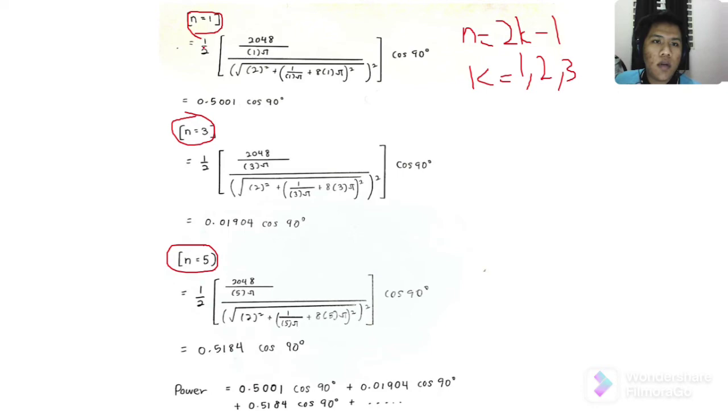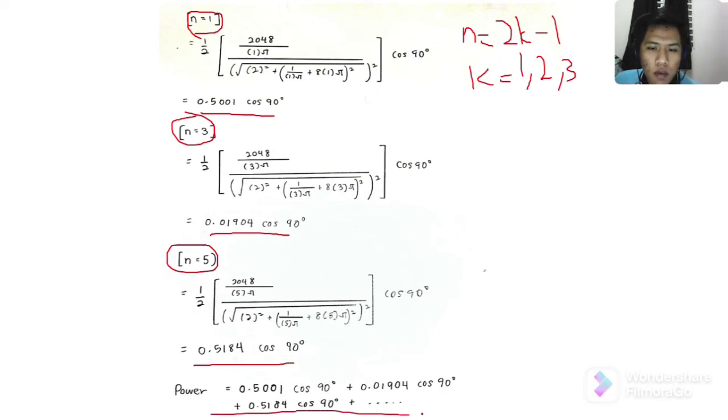So for n is equal to 1, the power is 0.5001 cos 90, and then for n is equal to 3, the power is 0.01904 cos 90 degree, and then for n equal to 5, the power is 0.5184 cos 90 degree.